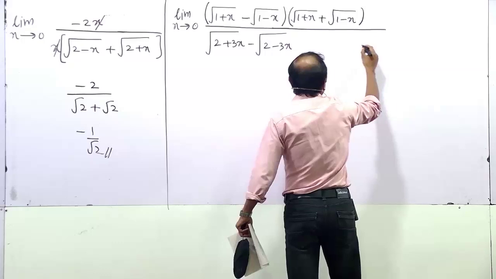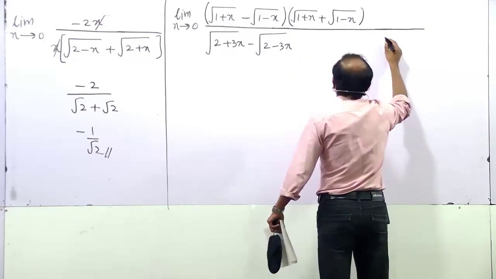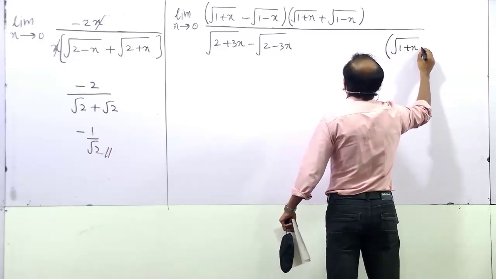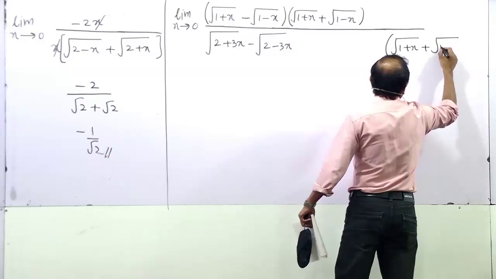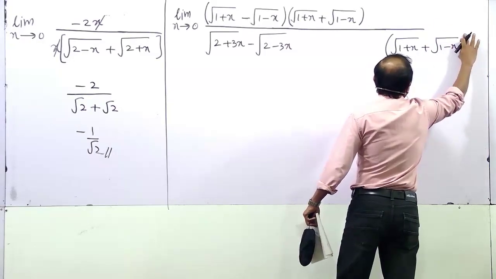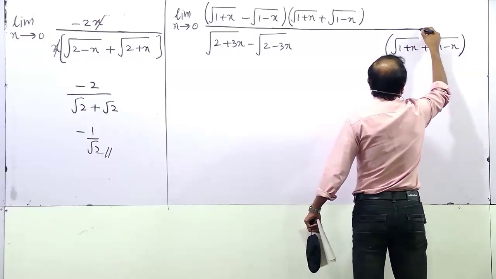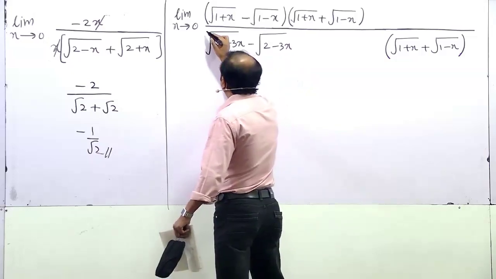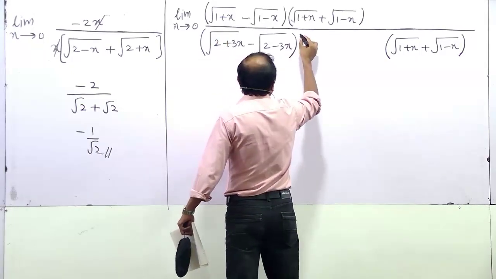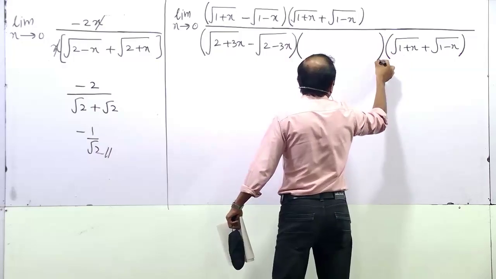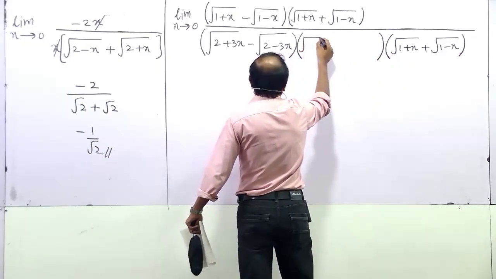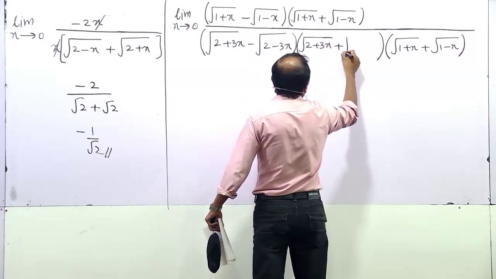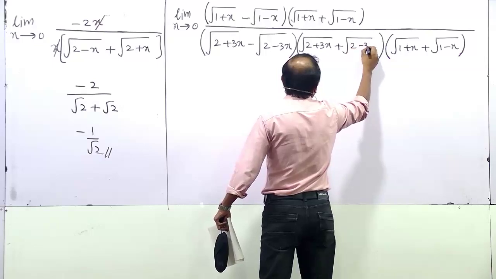All right. By the same, we must multiply the denominator. I write that here: root 1 plus x plus root 1 minus x. This way. Now, by the conjugate of the denominator, again we have to multiply both numerator and denominator like this: root 2 plus 3x plus root 2 minus 3x.